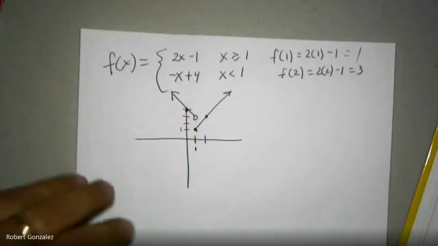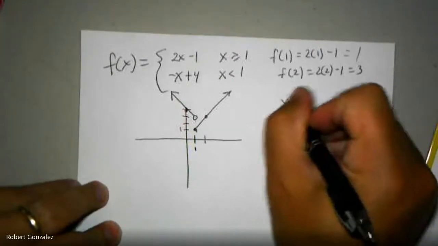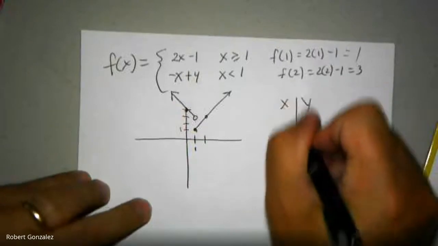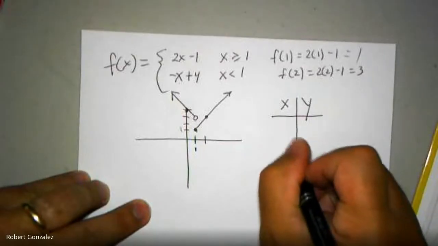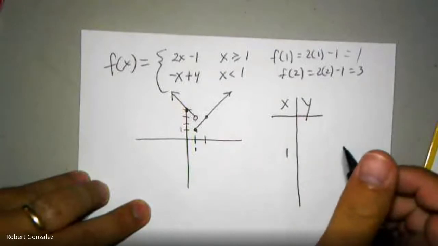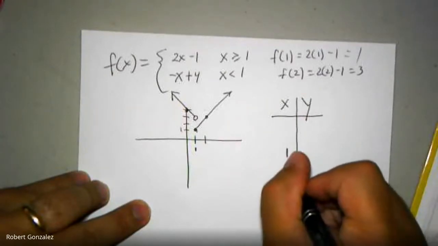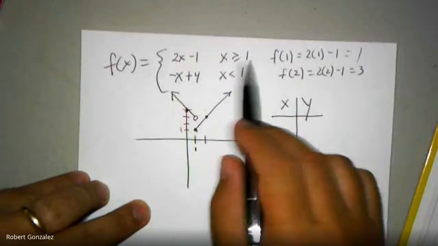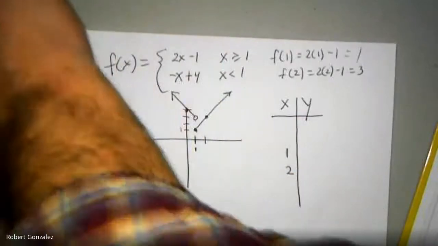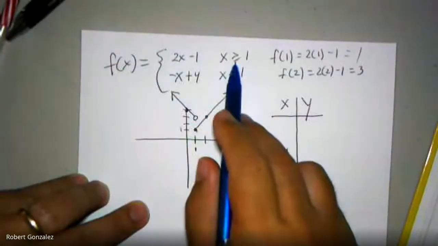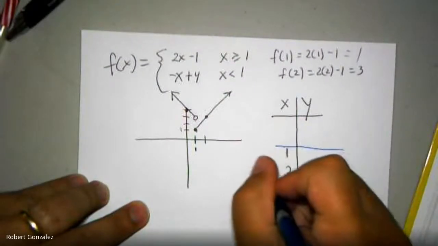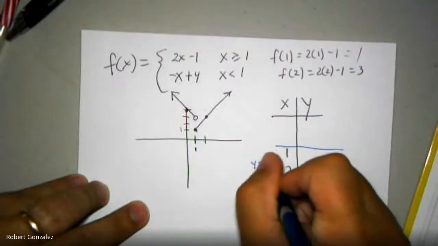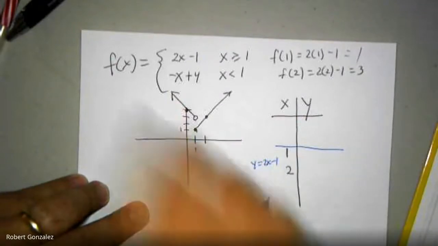Now, maybe it's going to be more useful if you do this. I just thought of this, so I've never done this. I know my breaking point is the 1, right? And I plugged in 2 because I need another point bigger than that. And those belong to the function y equals 2x minus 1.